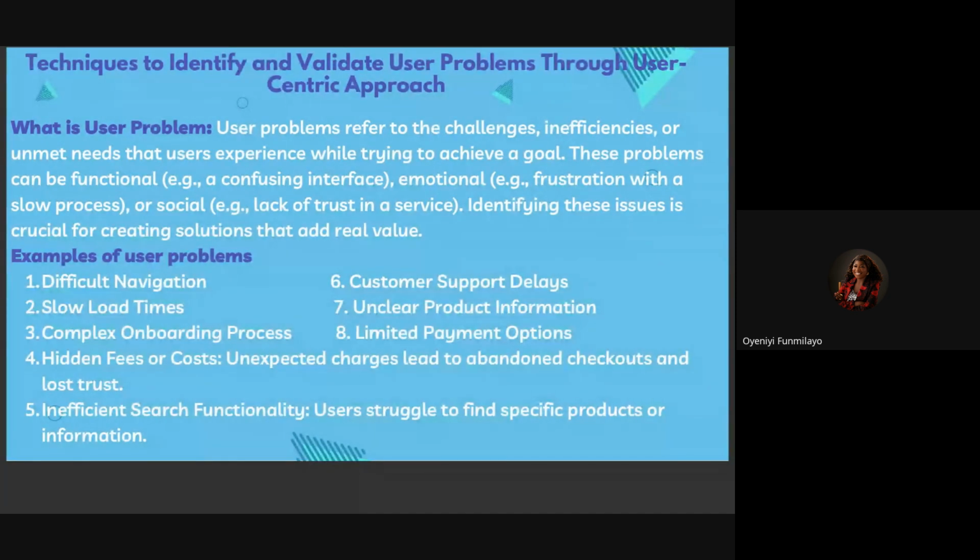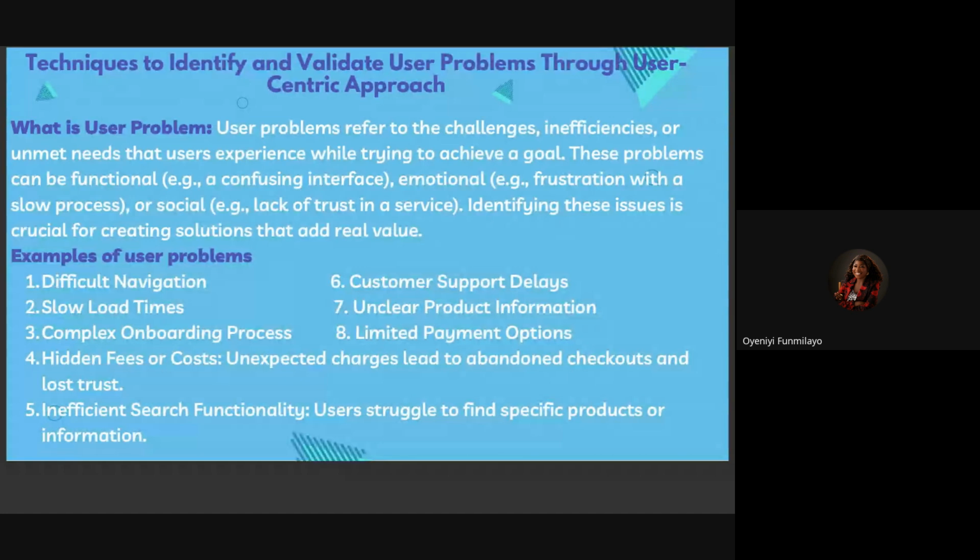In as much as it is very important to do your product discovery, because in product discovery you're continuously doing research to understand your target audience's problems and then come up with possible solutions for them, there are ways you need to be able to identify and validate these problems, because it's not every problem your users tell you that you would validate, right?